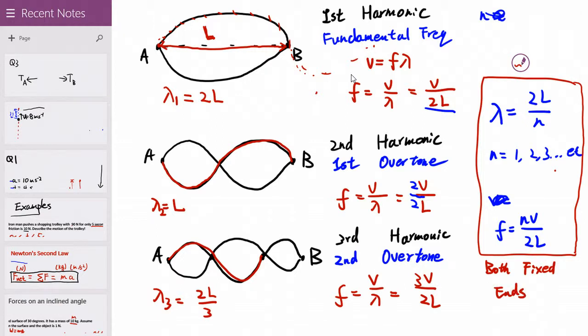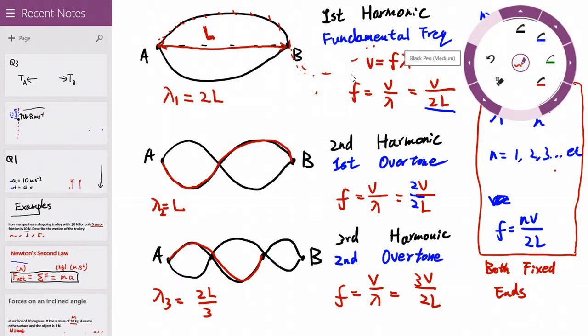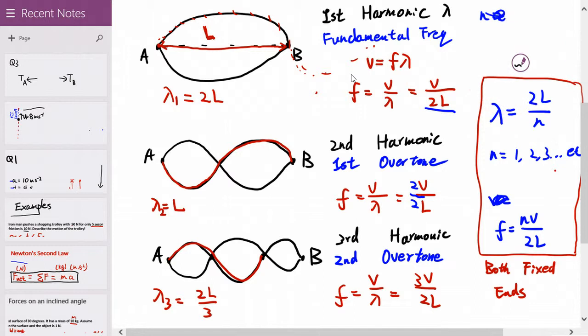For instance, when we are looking at the first harmonic, or the fundamental frequency, n equals 1, and we label it lambda 1. For the second one, n is 2.